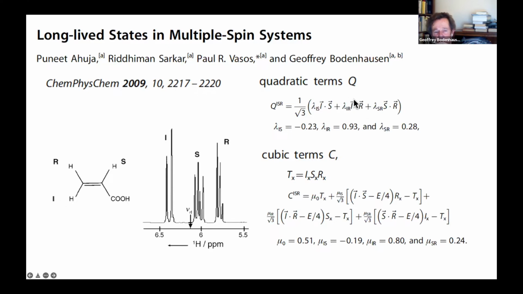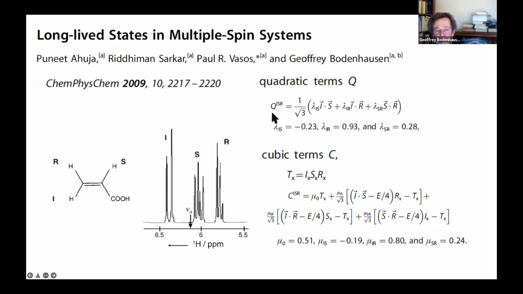It's a superposition of this thing, but also a little bit of IS, that is the long-lived state between this proton and this proton here. And there's also that mixture of SR, which is a long-lived state between the two protons on the same side. And you can convince yourself by diagonalizing the Liouvillian that the dominant coefficient is, as we expected, 0.93 here. But there is also 0.23 for this term here and a 0.28 contribution for this term here.